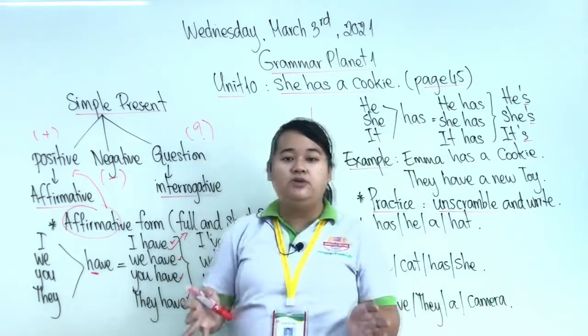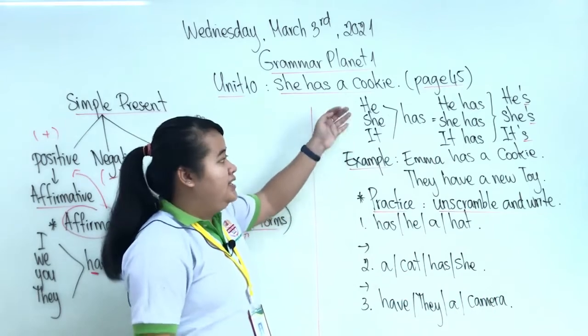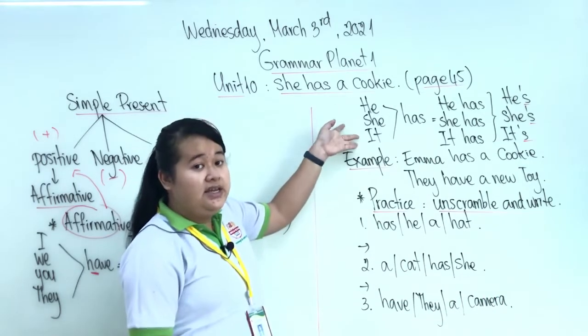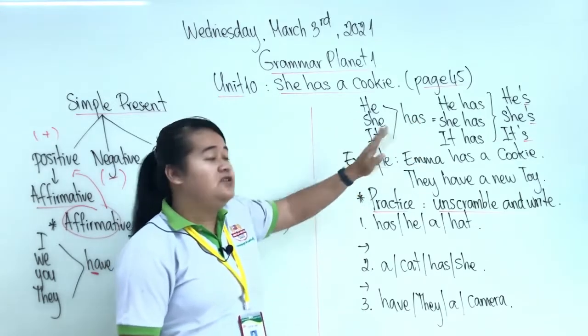Okay, so now let's move to singular. For singular we have he, she, it. He, she, it, we need to use with has. So remember, he, she, it, we use with has.